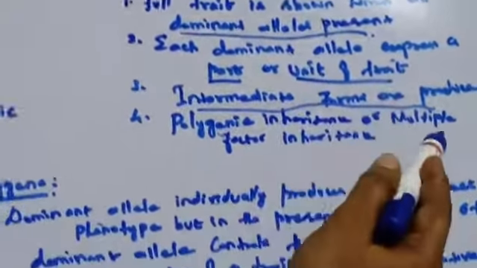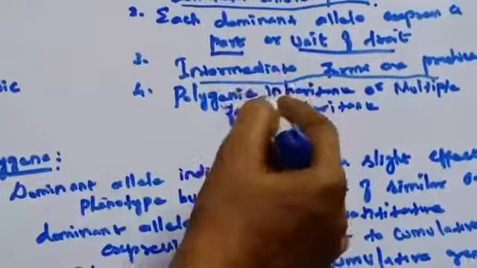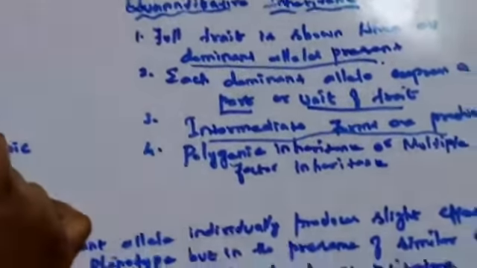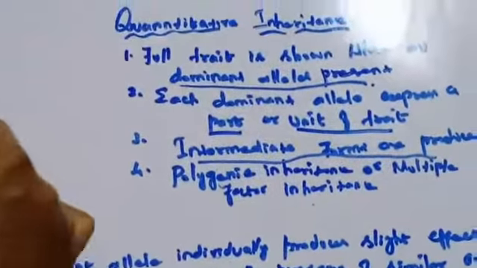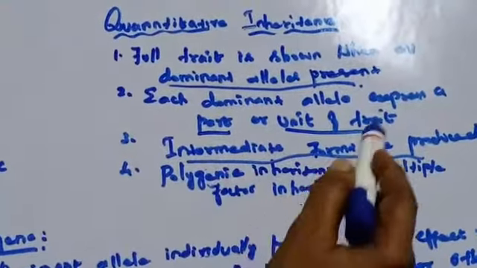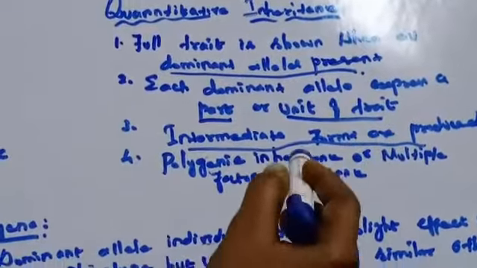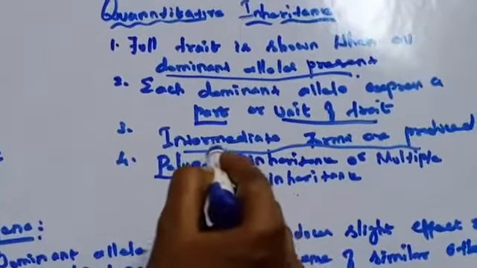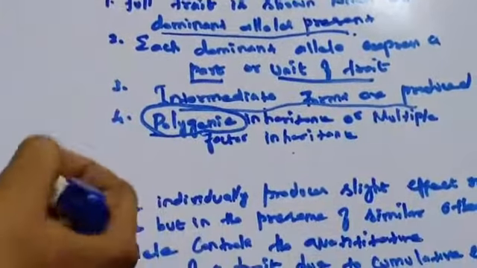Polygenic inheritance or multiple factor inheritance is the other name for quantitative inheritance. You can see here, qualitative is otherwise called monogenic inheritance, and quantitative inheritance is otherwise called polygenic inheritance or multiple factor inheritance. Before that, you must know what is meant by polygene.